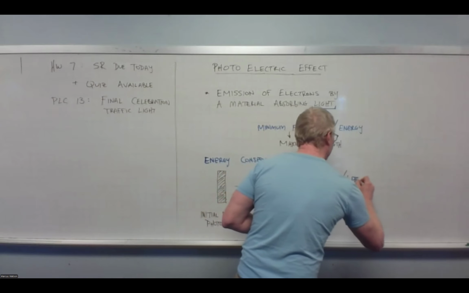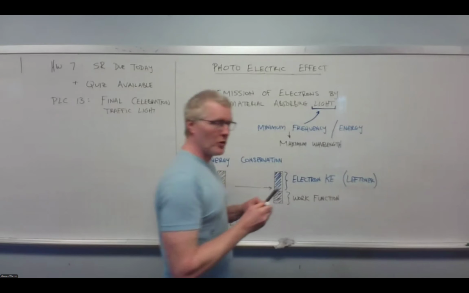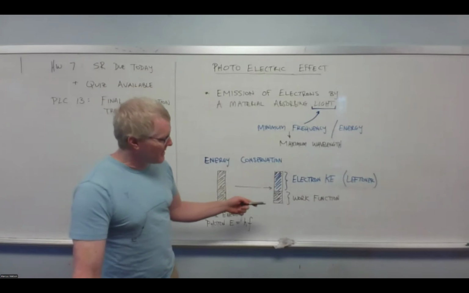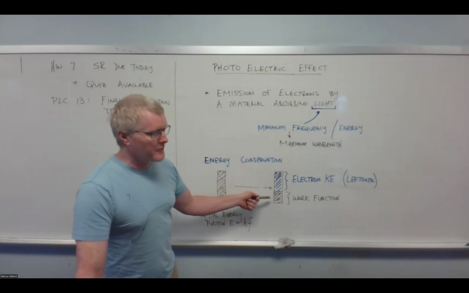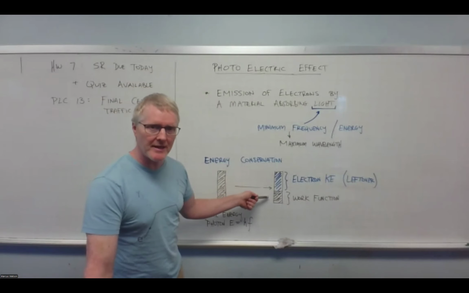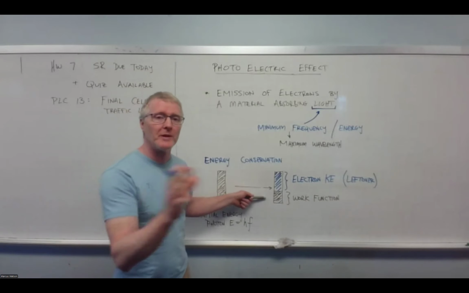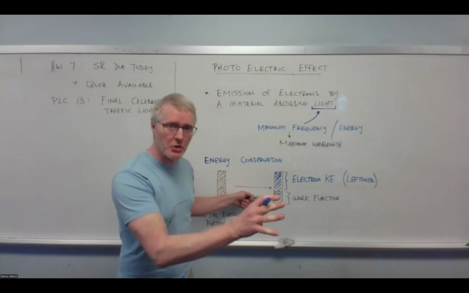I say this is left over, but that's only due to the way I think about it, because my first requirement is you have to at least have this much energy in order to get the electron out of the material and to get the photoelectric process started.